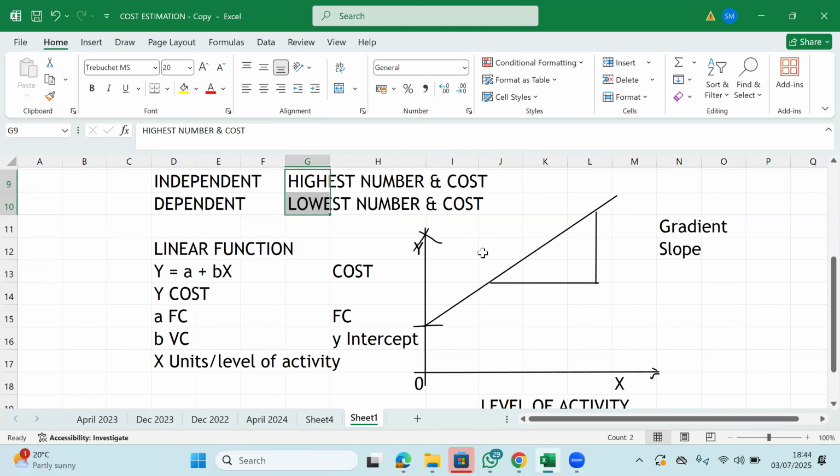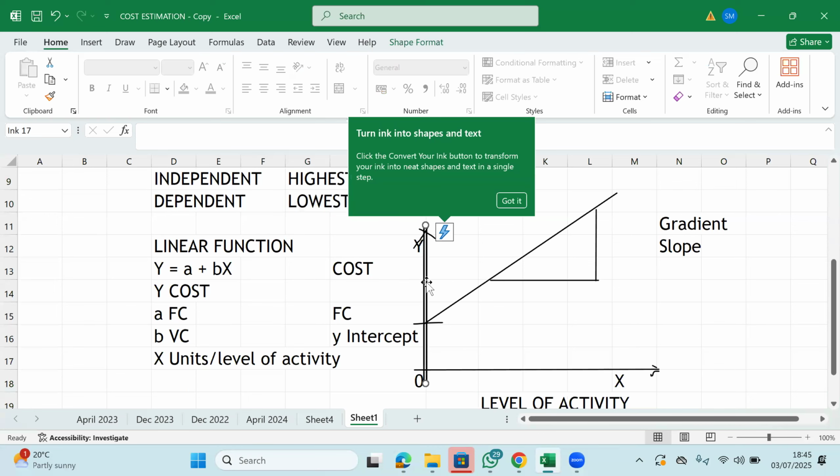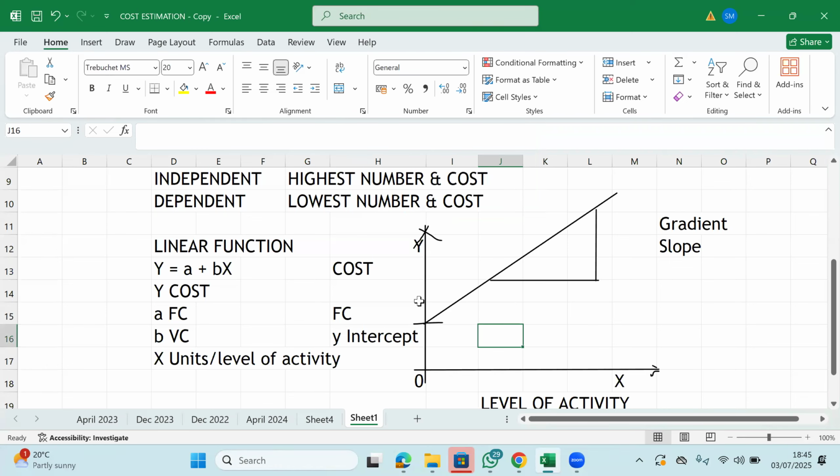Then in our graph, we should have the corresponding cost at the lowest level of activity. The corresponding cost should be here, and that should be the least cost. And our highest level of activity, with the corresponding cost being here.